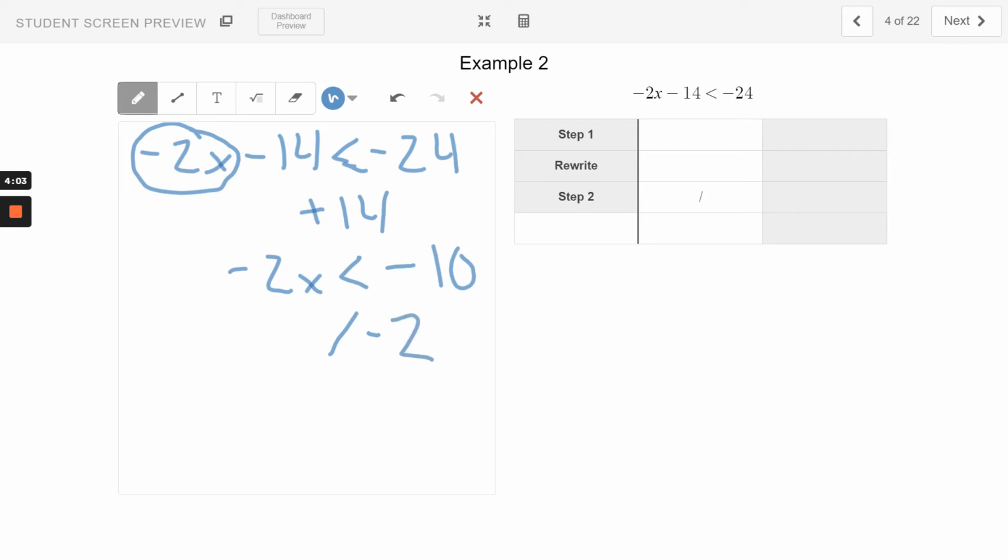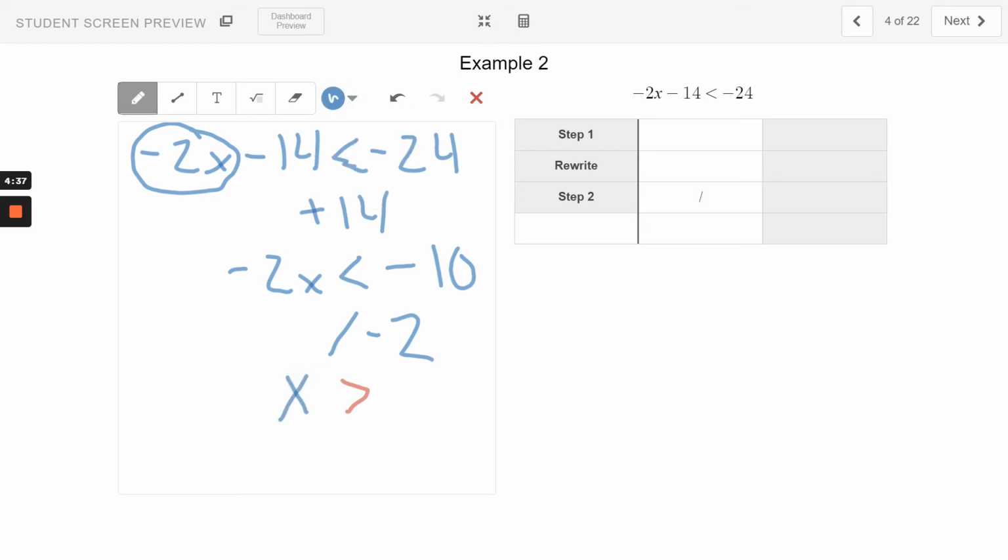This is where inequalities are a little bit different. Because dividing by a negative changes the sign of our answer, we also need to change the direction the inequality is facing. Notice it said less than before, and my answer is going to say greater than.